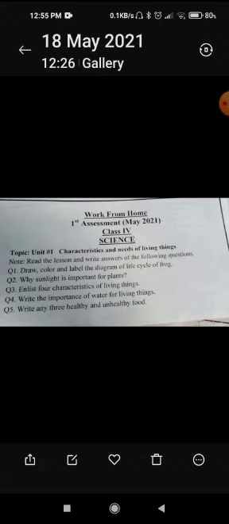Now I am going to tell you how to attempt it, because we have already done question number 1 and question number 2 in our May task. Now I am going to tell you question number 3, 4 and 5, how you can attempt these questions.